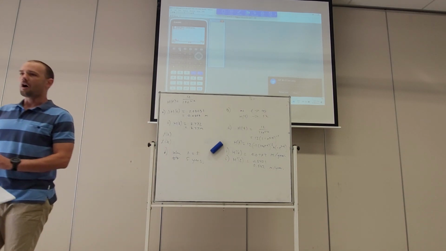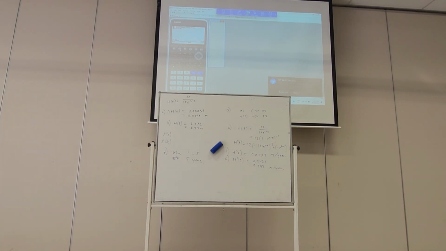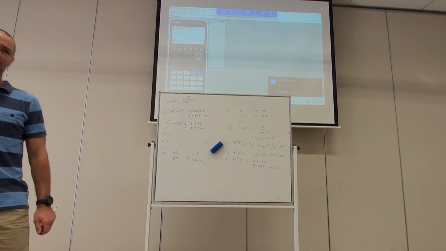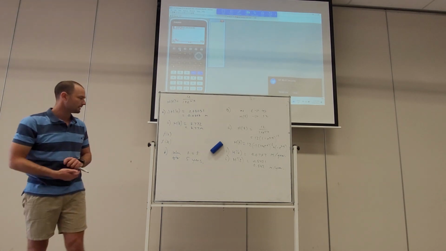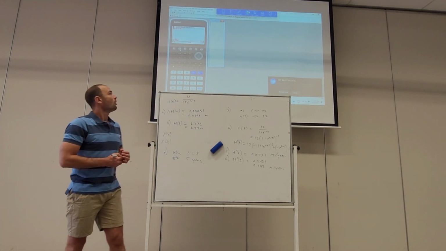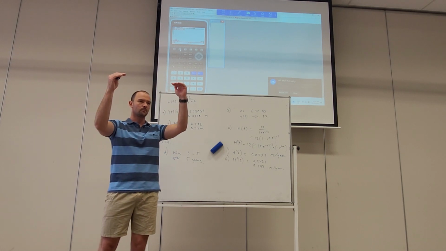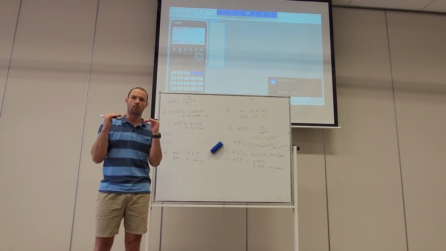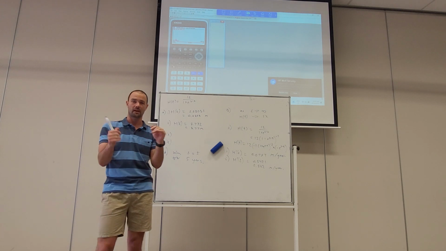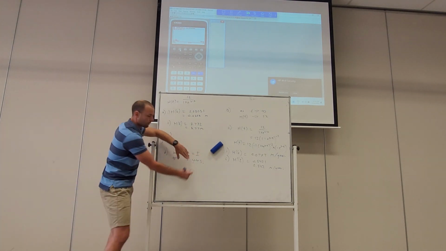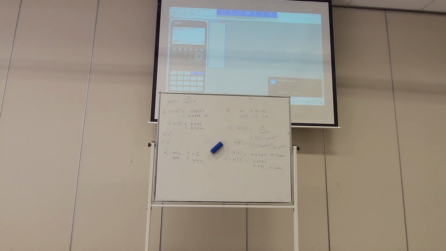Now I want to point something out here. I really want to stress something because this is a skill that we test over and over again, that pops up in tests and exams. Points of inflection on the original function correspond with turning points on the derivative function. This is the graph of the derivative function. We have a turning point when time is 5. What does that mean about the graph of the original function when time is 5?